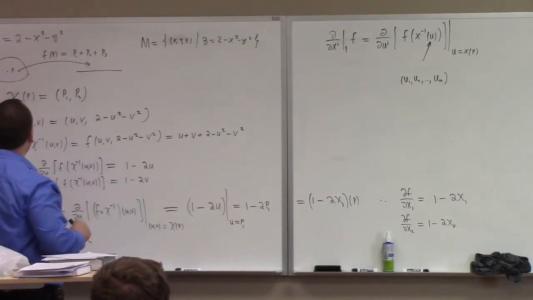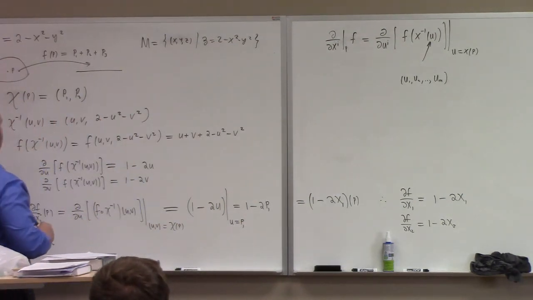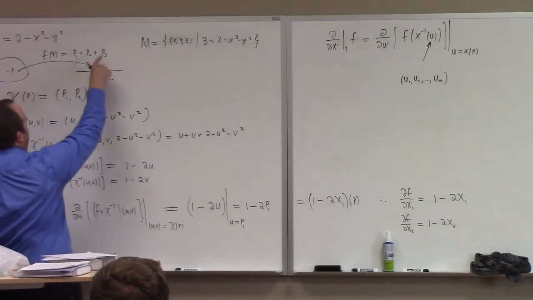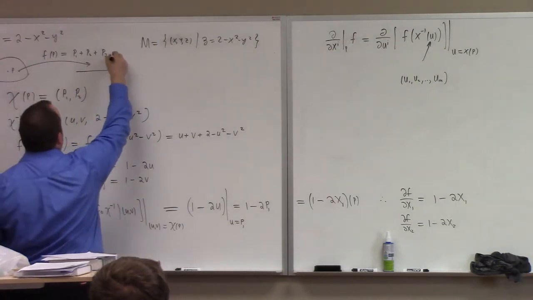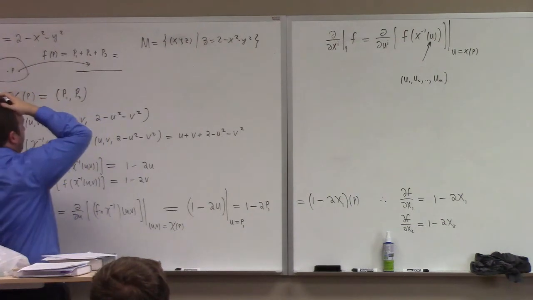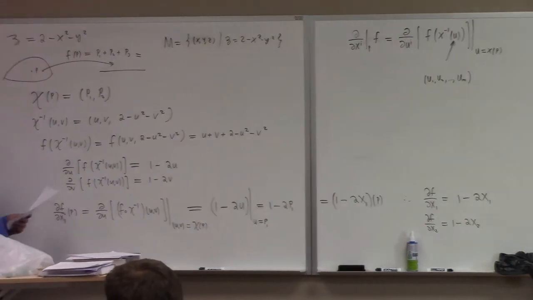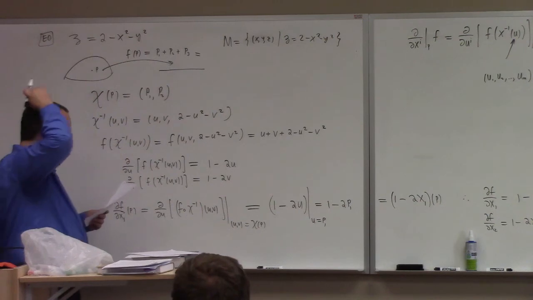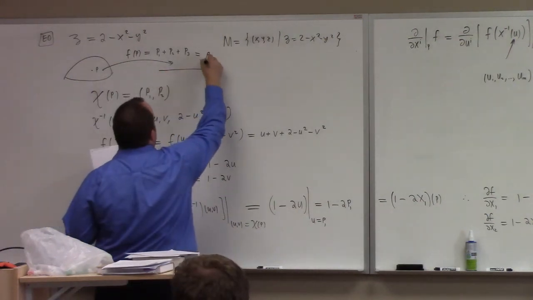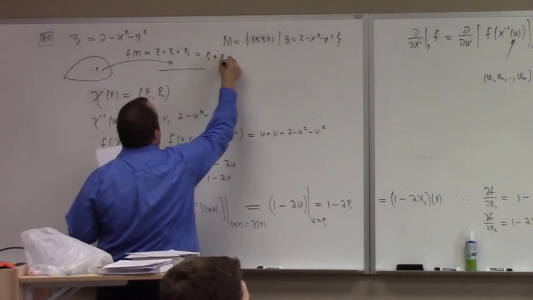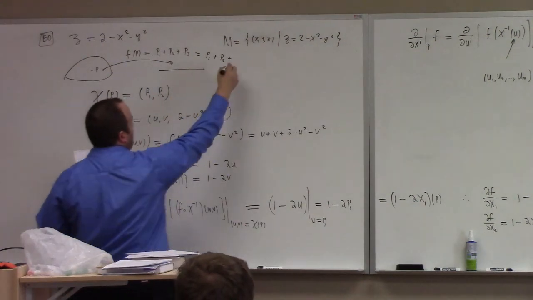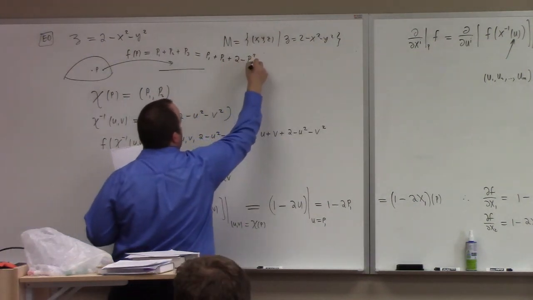What is f, actually? I said f of p is this. Can you tell me what that is in terms of coordinate functions? It's p1 plus p2 plus p3, where p3 is 2 minus p1 squared minus p2 squared.